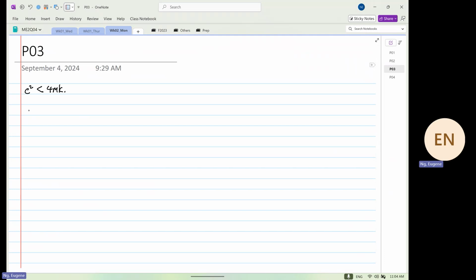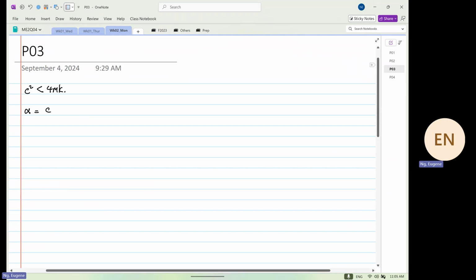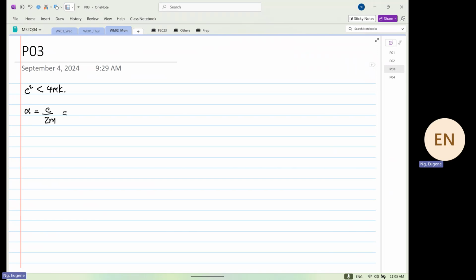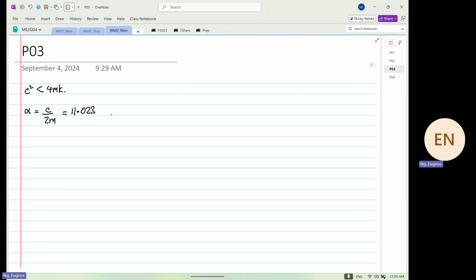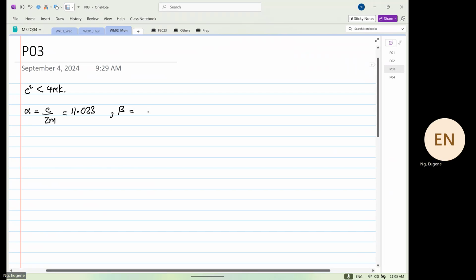So immediately you have your alpha value, which is equal to C over 2m. And we computed this before. The value for alpha, C over 2m, is equal to 11.023. However, now when we formulate beta, beta originally is equal to the square root of C squared minus 4mk, and then we divide by 2m.